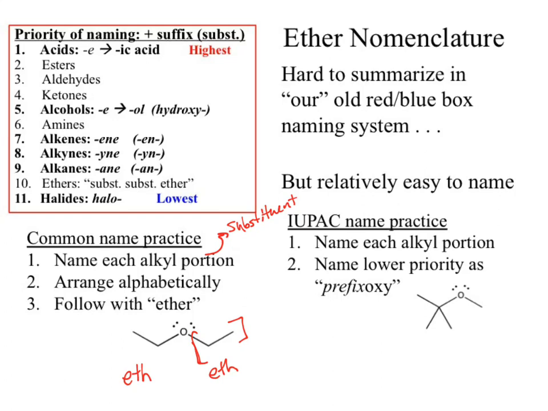So let's pick the one on the left to be our lower priority, and we will change it now to F-oxy. So our prefix oxy followed by the rest of our structure. Now this is our main chain. It's two carbons. What other functionalities do we have in that two carbon? Single bond, so it becomes ethane.